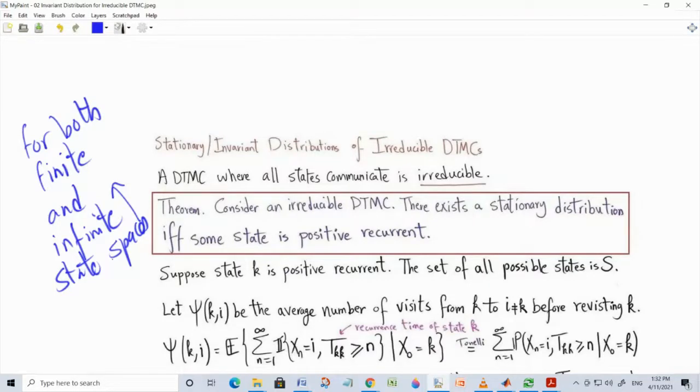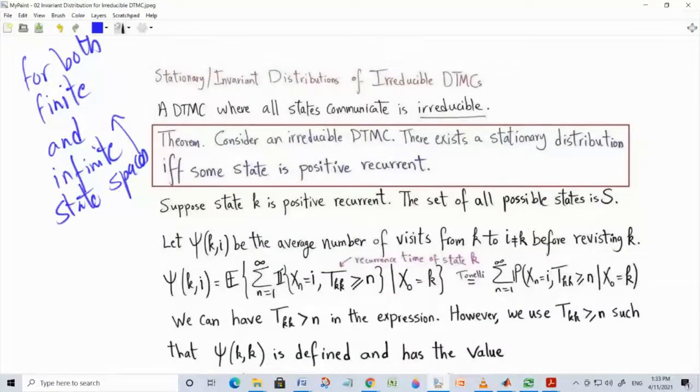And it's an if and only if statement, which means that if there is a state that is positive recurrent, you are guaranteed to get a stationary or invariant distribution. And if I give you an infinite chain and tell you that it is irreducible and it does have a stationary distribution, then you know that at least one of the states is positive recurrent.